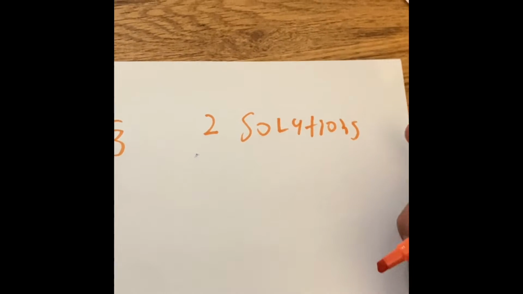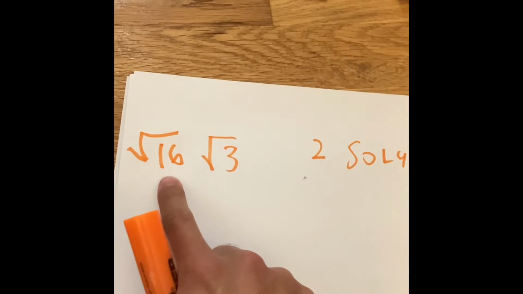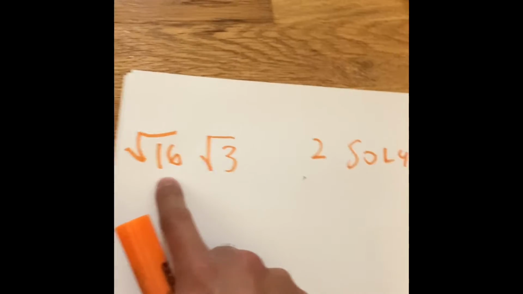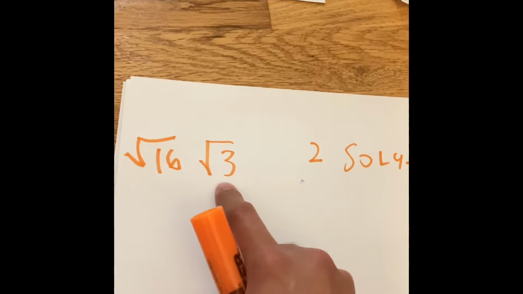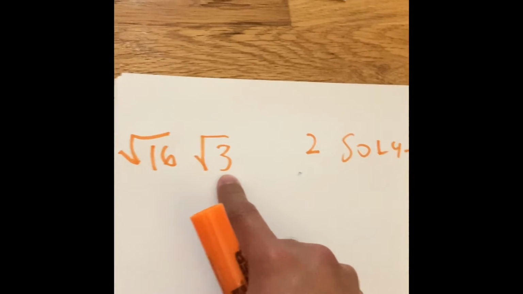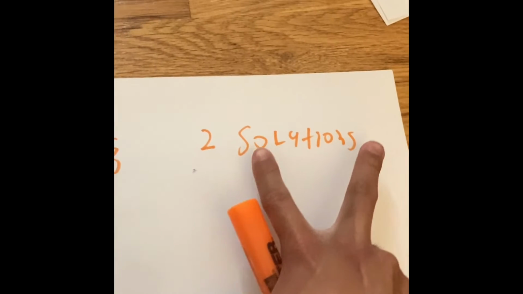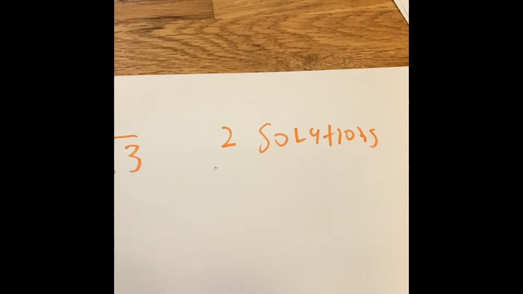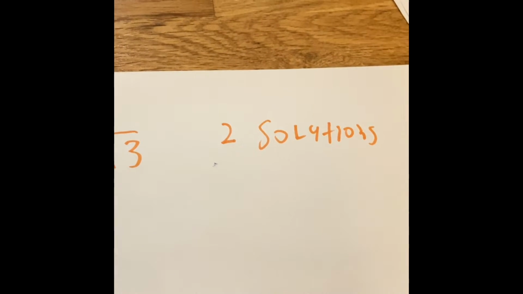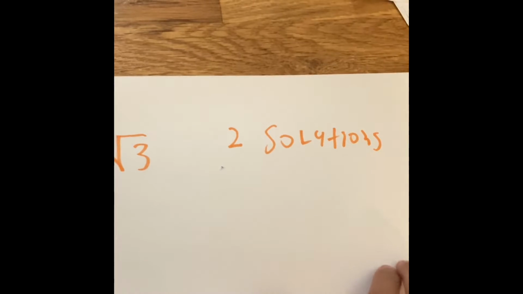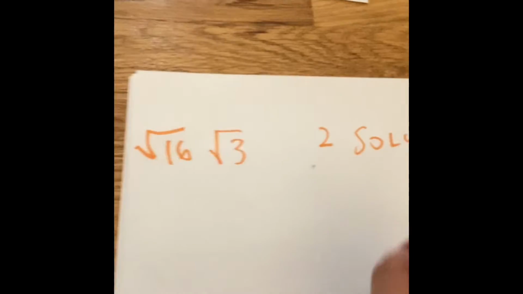They could be rational if they're a perfect square, or irrational if they're a number that is not a perfect square. So we can get two solutions.